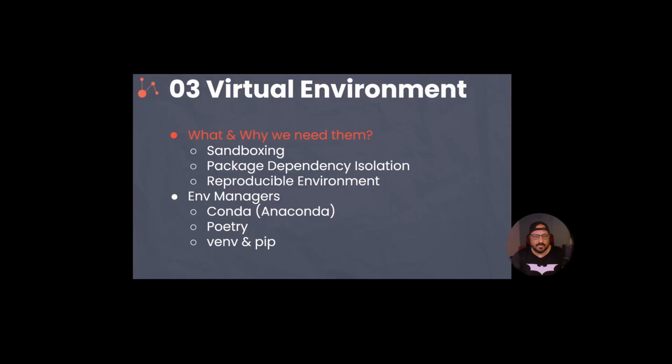For example, if you're working on a legacy project where you need an older version of a package, say pandas, and then you start working on another project where you need the latest version on the same machine, it's very hard to do that, because once you install the latest version, it's going to override the other one, right? So there is no way to go around it unless you use a solution like a virtual environment.